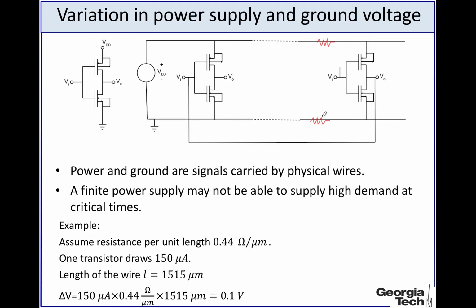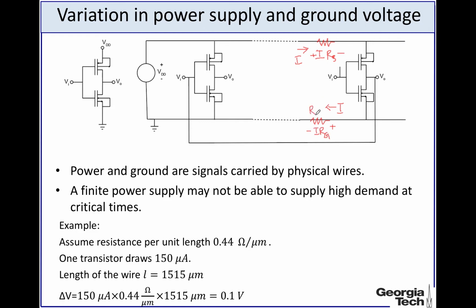And essentially what will happen is that for this inverter, the power supply voltage will be smaller than VDD by an amount. Say I is the current flowing in this direction for the supply line, and in this direction for the ground line. So the drop across this resistance will be IR, say this is IRS, and this is IRG.